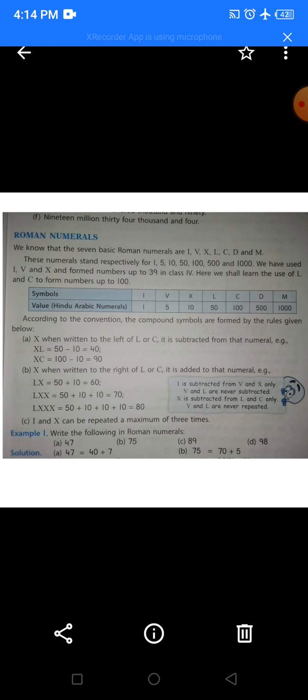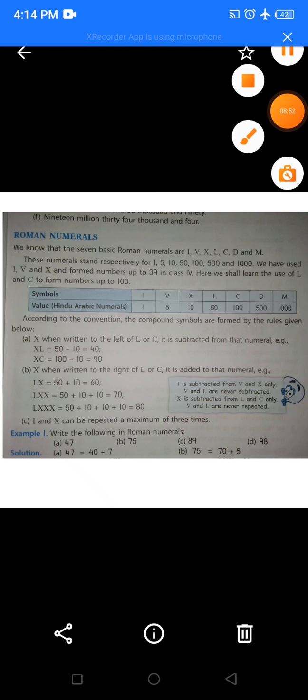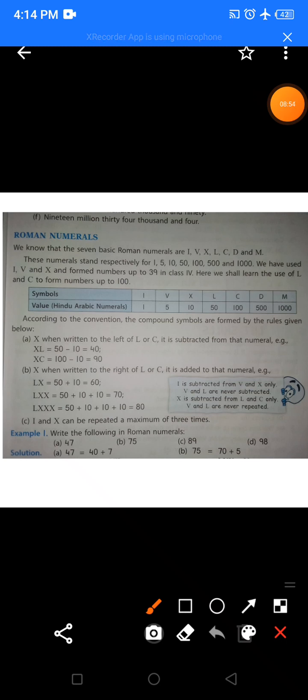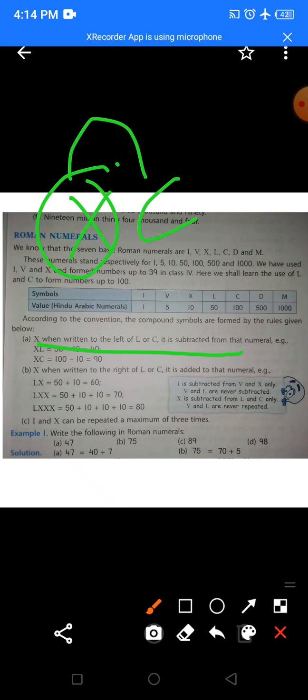So this is how the rules are. Again I'll repeat the rules so that you don't forget the rules. When the number is written to its left, when you want to subtract the number, you will write towards its left, and then you have to add. यानी जब कोई नंबर किसी भी नंबर के लेफ्ट में लिखा रहेगा, you will subtract the number.